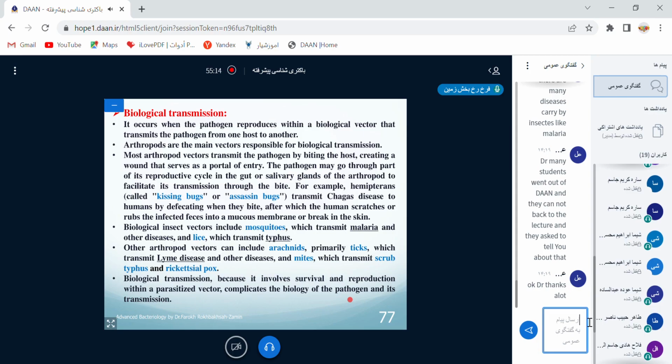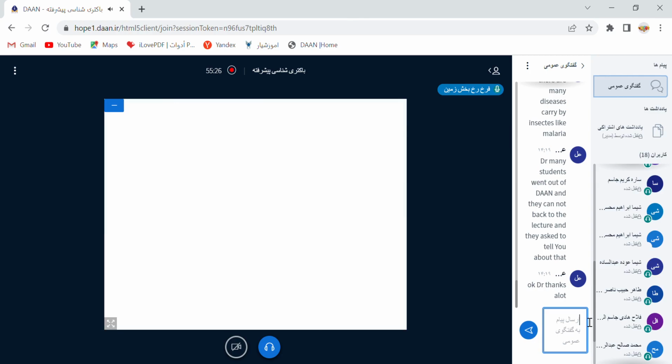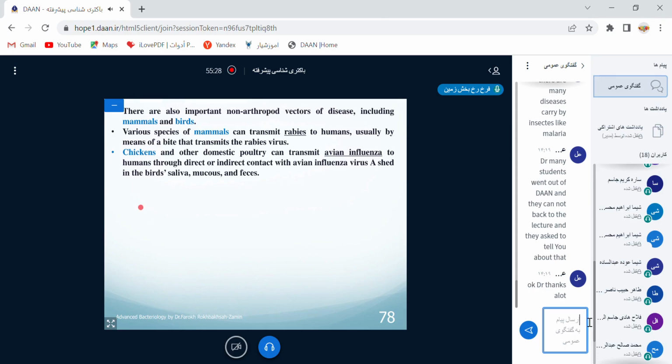So the presence of a biological vector is necessary, compulsory, obligatory, needed for completion of the life cycle of the pathogen, but it is not so for mechanical vectors.